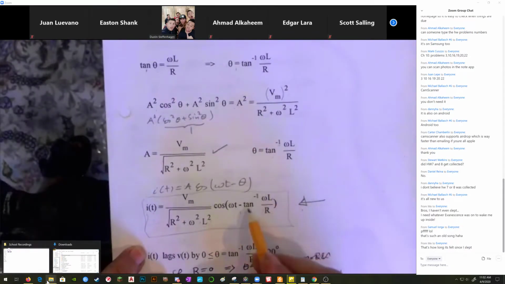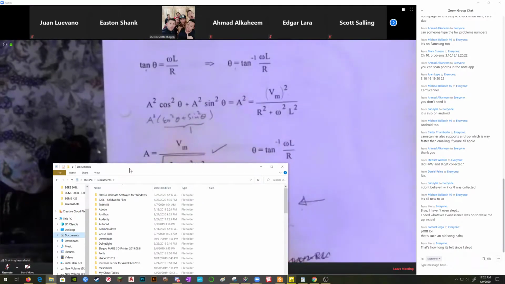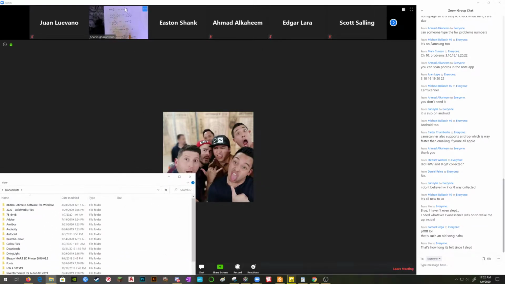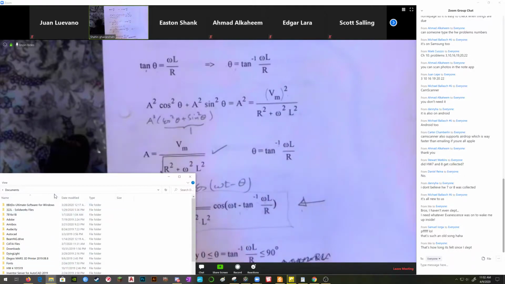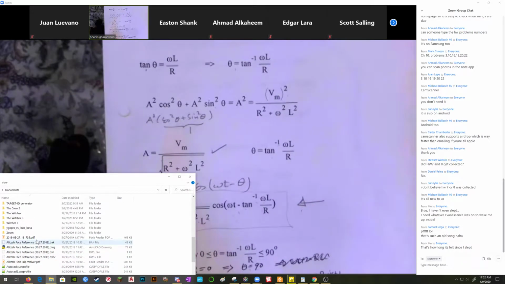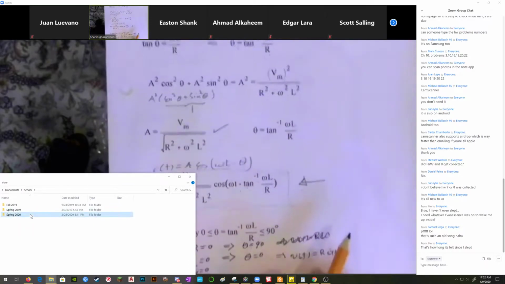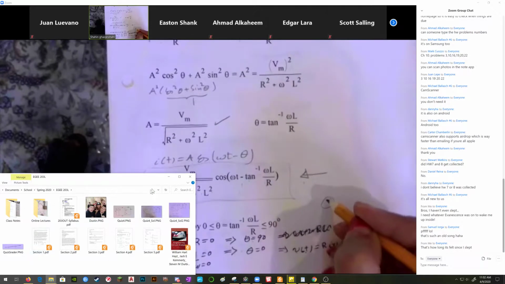What is the inverse cosine of infinity? When R is zero, your theta comes to 90 degrees. And when L is zero, when you don't have inductors, or omega is zero, your theta is zero.